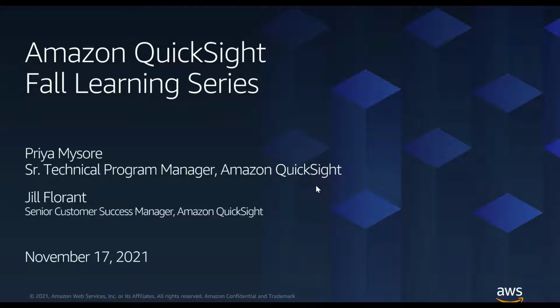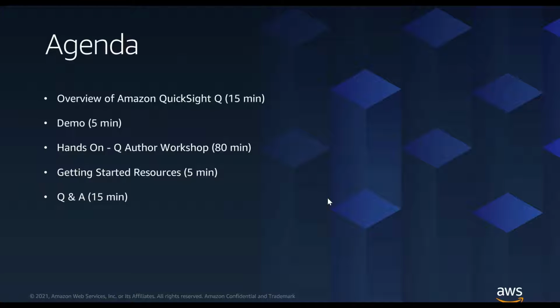I'm a senior technical program manager within the Amazon QuickSight team, and I'll be walking you through an overview of Amazon QuickSight, followed by a brief demo, and then we'll get into the hands-on author workshop today, where we'll walk through step-by-step on how to design a great NLQ topic for success. We'll share some getting started resources, and then we'll have some time for Q&A.